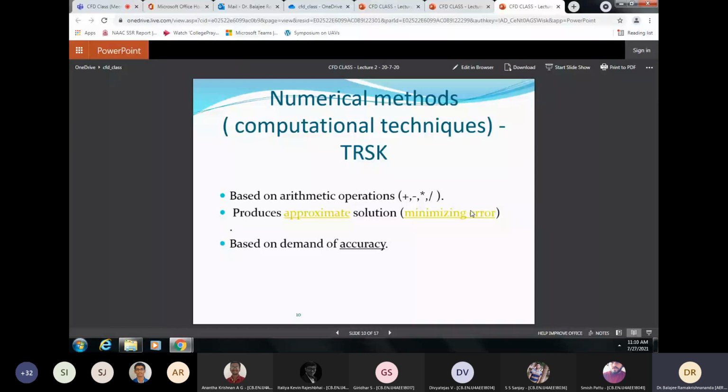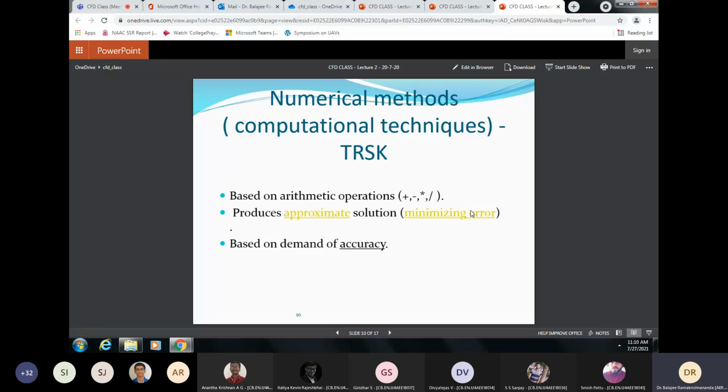So we can also call this computational techniques. That is how the word computational fluid dynamics came. We're using numerical and computational methods to solve fluid dynamic problems.